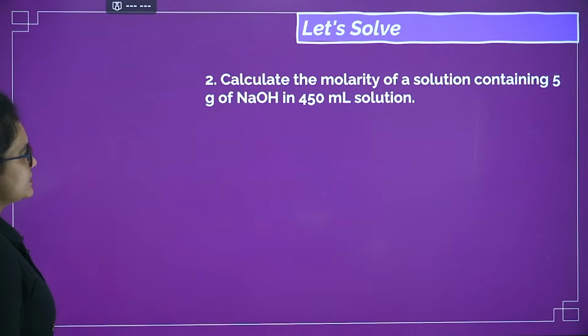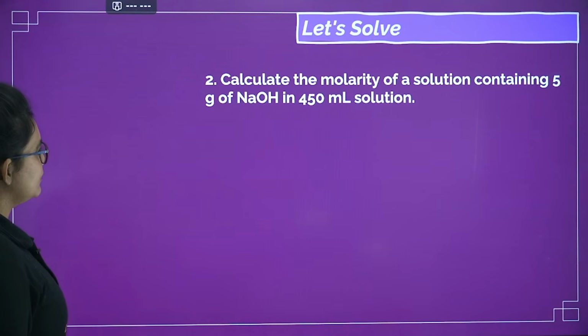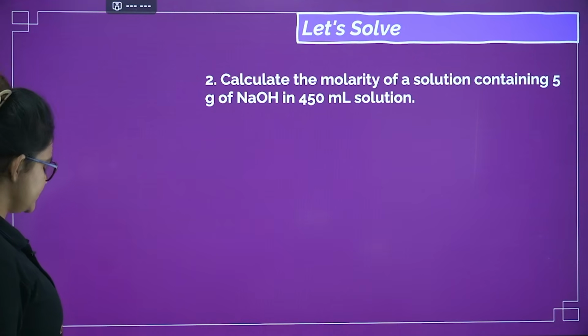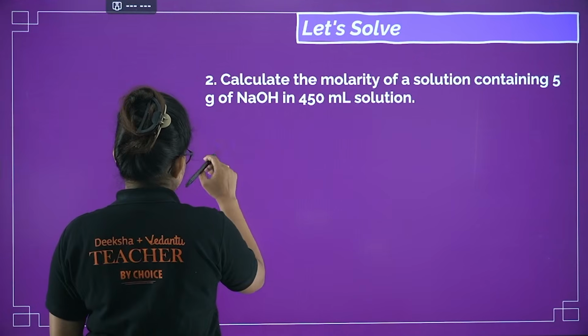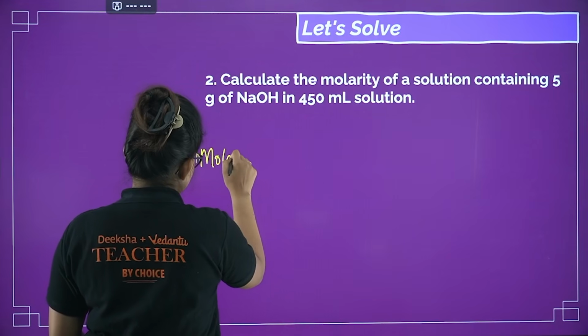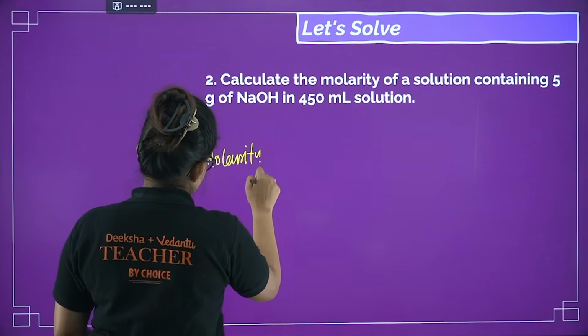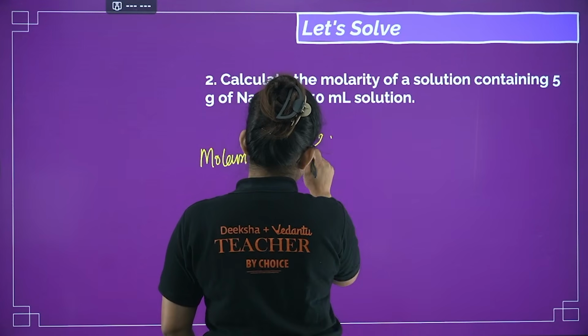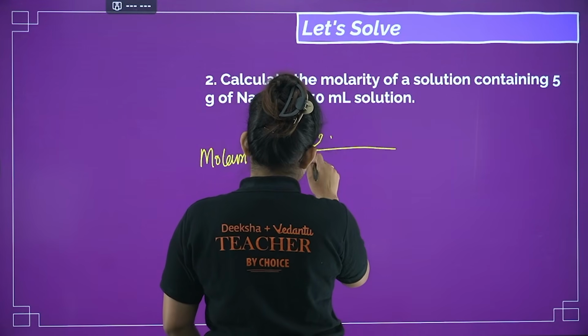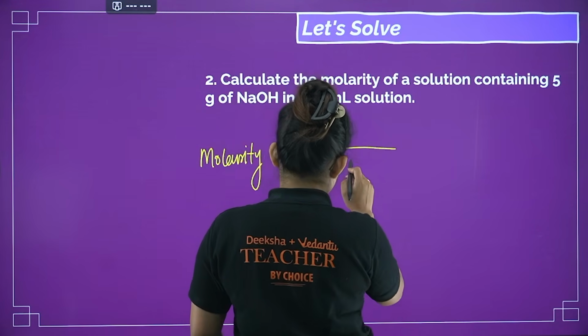Calculate the molarity of a solution containing 5 gram of NaOH in 450 ml of solution. Okay, so we can directly put it into the formula. So I am having, let's say, molarity equals W2, that is the given weight of solute, M2, that is the molecular weight of solute.